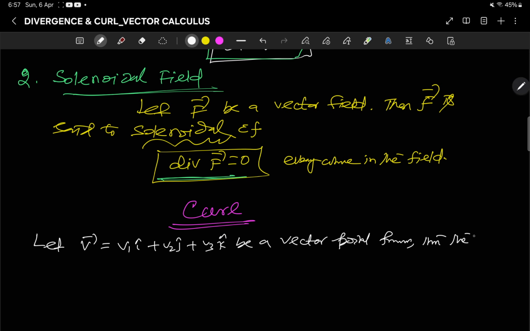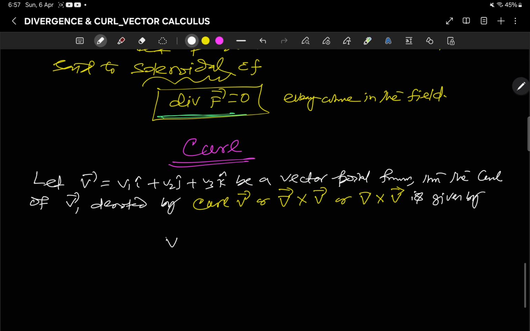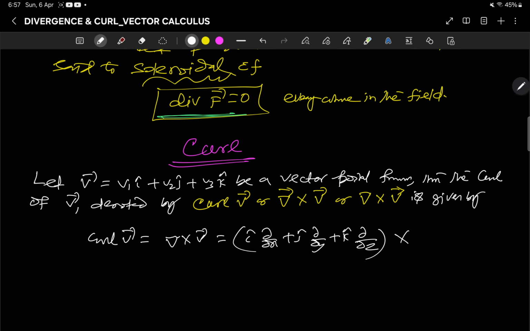Then the curl of V, denoted by curl V or del cross V, is given by curl V = del cross V = (i ∂/∂x + j ∂/∂y + k ∂/∂z) × V.